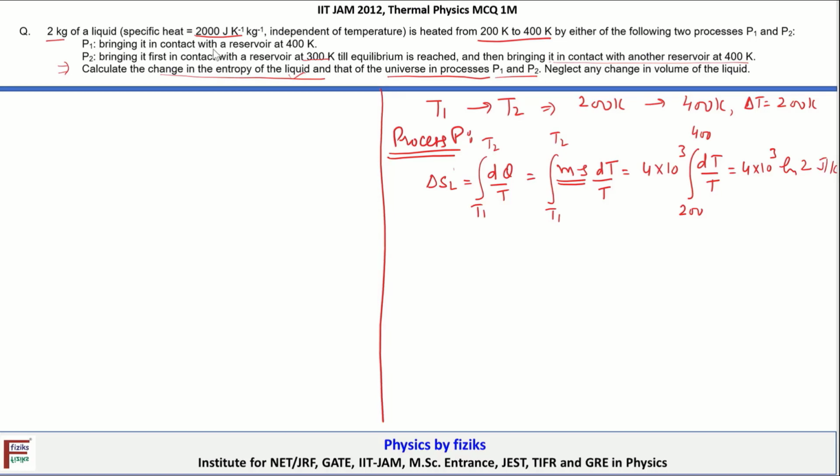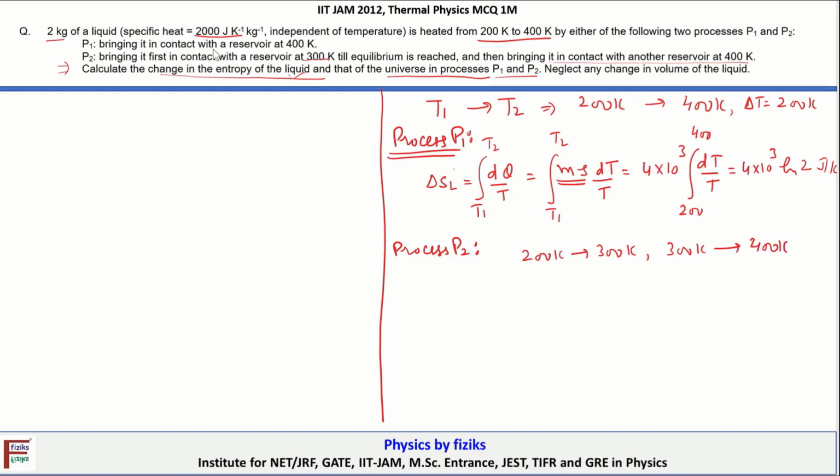Now similarly in process P2, this was process P1, in process P2 the liquid is heated in two stages. The first stage is a temperature change from 200 Kelvin to 300 Kelvin, and in the second stage the temperature changes from 300 Kelvin to 400 Kelvin.